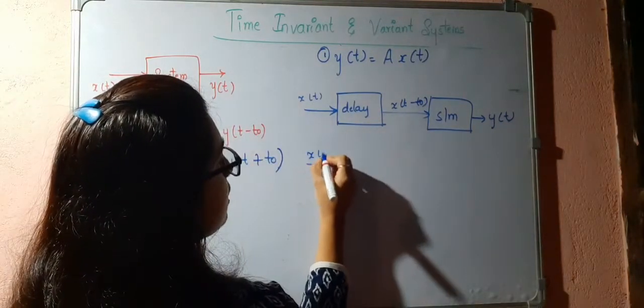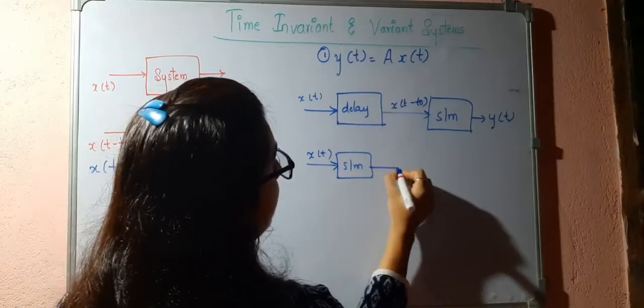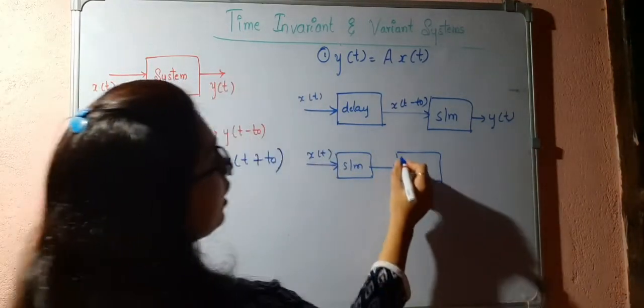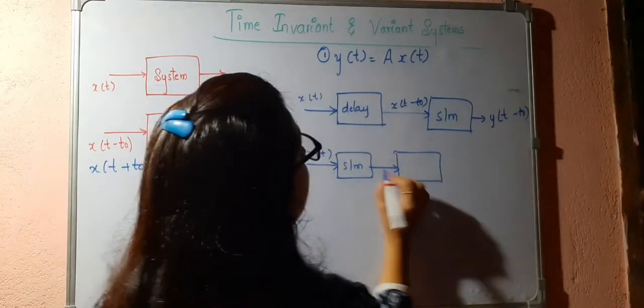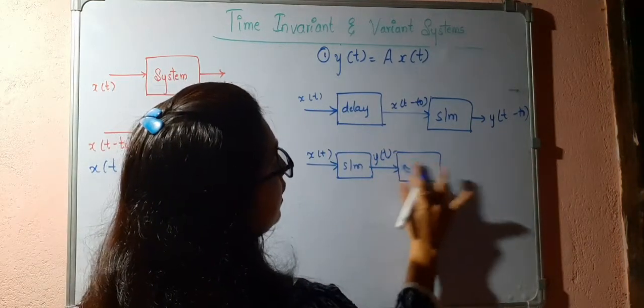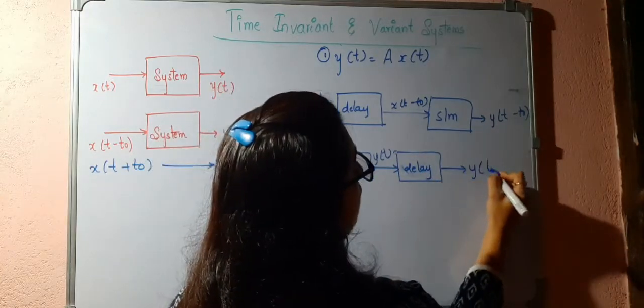Suppose I am passing this first through the system, I will be getting the signal here. Let me consider this as y of t minus t naught. Here I am getting y of t, and this is then passed through the delay. What I will get? Y of t minus t naught.